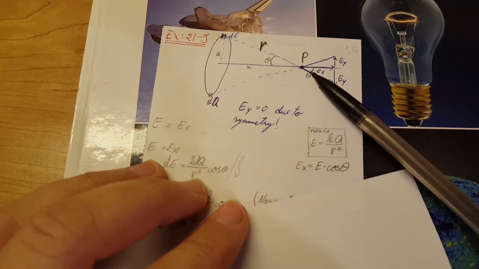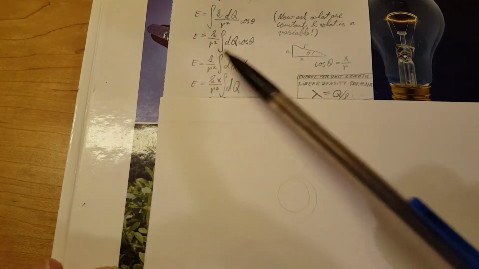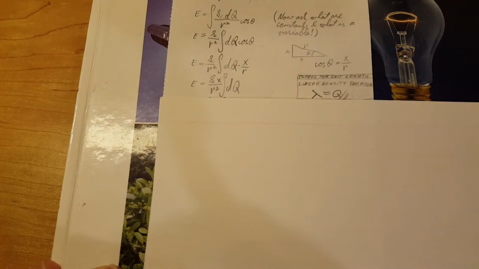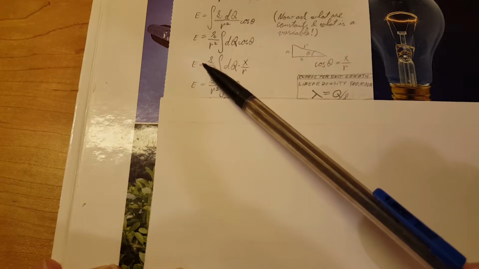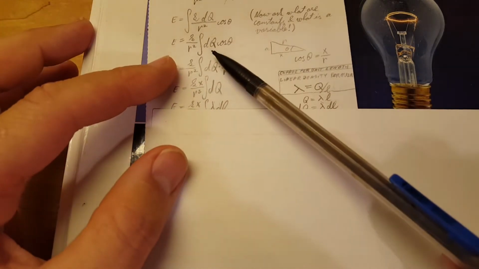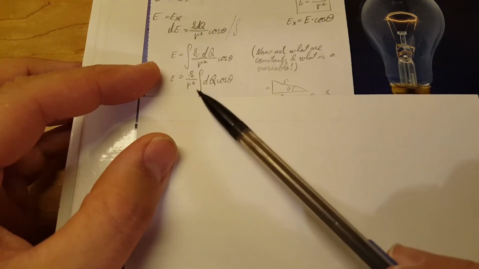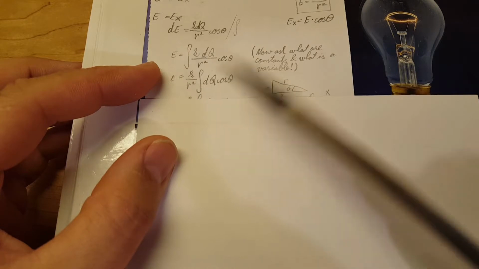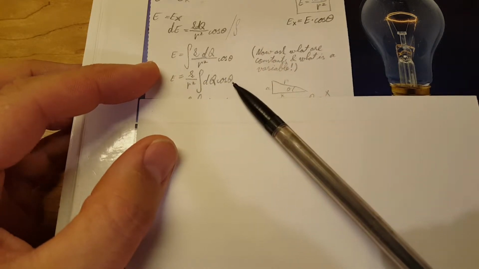This r does not change, it's always the same, and our k is the same, so they're constant. We can get them and move them in front of the integral. Now that we move this in front of the integral, the only thing we have left is dq cosine theta.